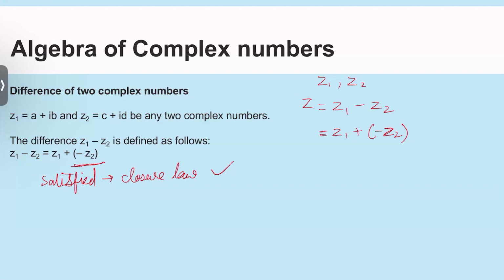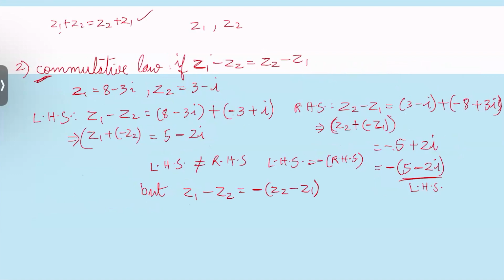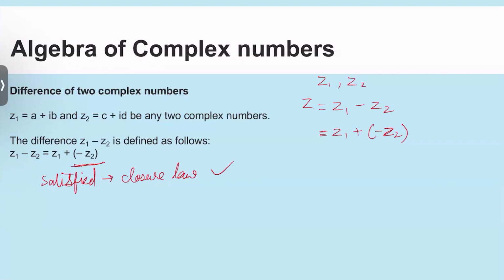The next one is the commutative law. For the commutative law, there is a difference: you can see that there is a sign change, so the commutative law is not satisfied.